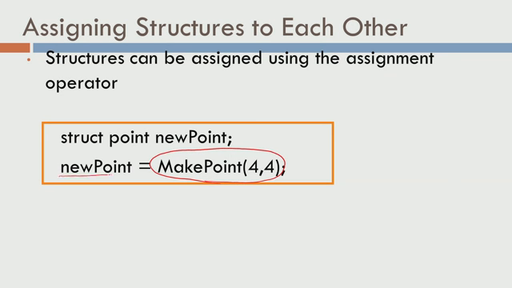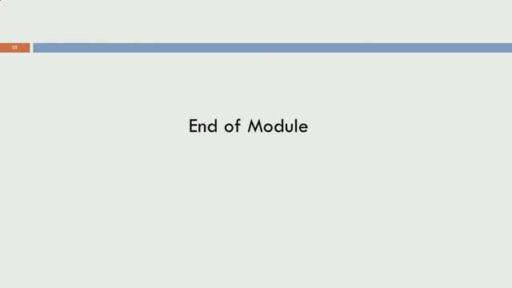In this case, new point is also of the same data type. So what it would do is, whatever is returned from here, it does member wise copy. It copies each member on the right side to the corresponding members on the left side. So you can assign structures to each other. So this is a useful thing, because you want them to be treated as basic data types, right.